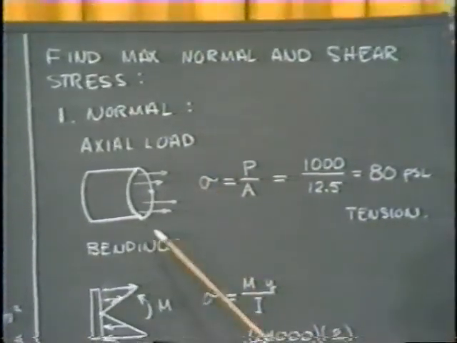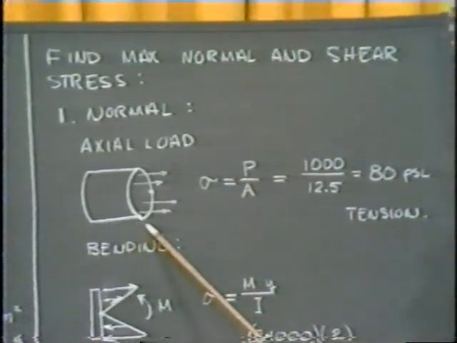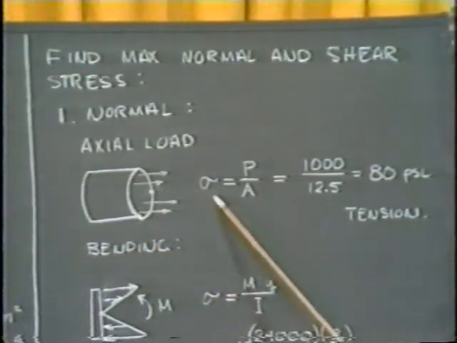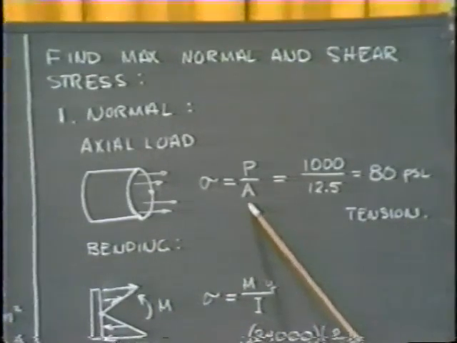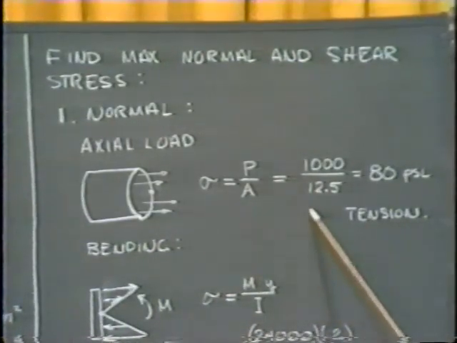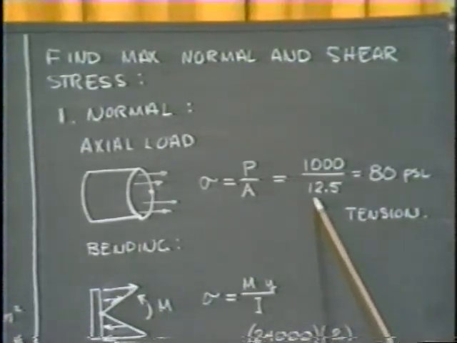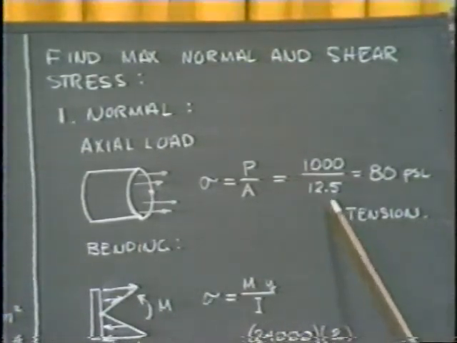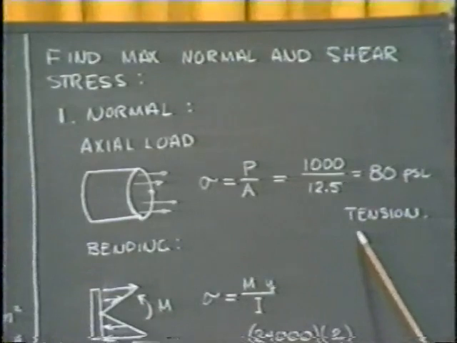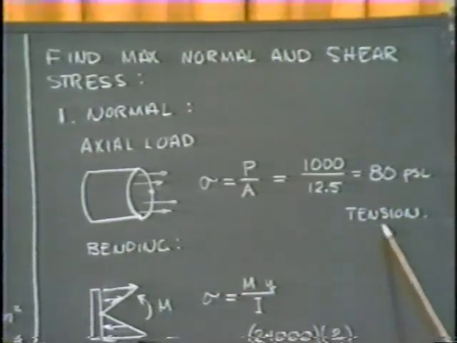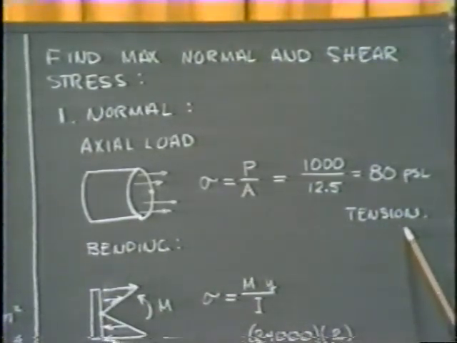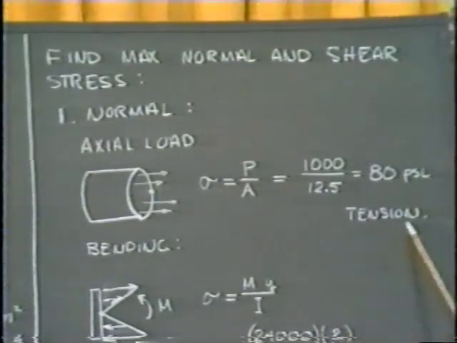I know that if I cut the beam and expose a cross-sectional area, the normal stress due to the axial load is simply P over A, or the axial load 1,000 pounds divided by the area, 12.5 square inches. Turns out to be 80 psi, and I've labeled it specifically in tension. The axial load pulling on the beam would provide some tension in the material that I've cut.